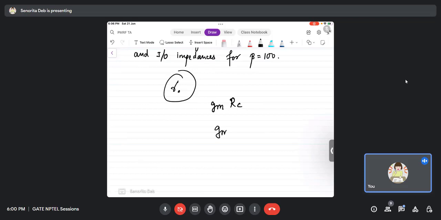With degeneration, it is GM by 1 plus GMRE into RC. This is given as 10, this is given as 20. That means 1 plus GMRE is 2. So this is how you should start.